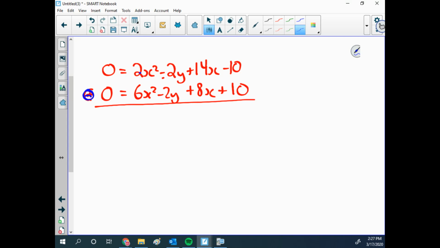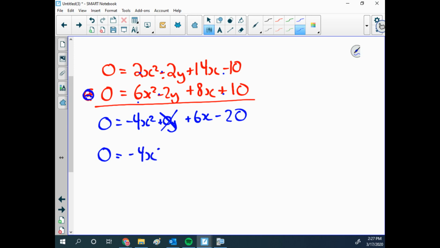So 2 minus 6 is going to give me a -4x squared. -2 minus a -2, so -2 plus 2 is 0y, so that's gone. 14 minus 8 is going to give me plus 6x. And -10 minus 10 is going to give me a -20. So this is going to equal -4x squared plus 6x minus 20.